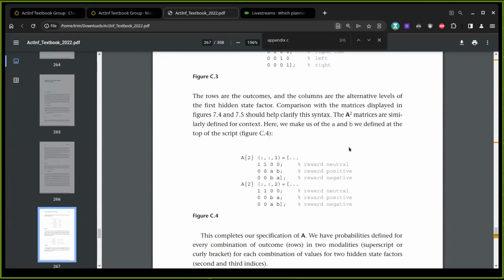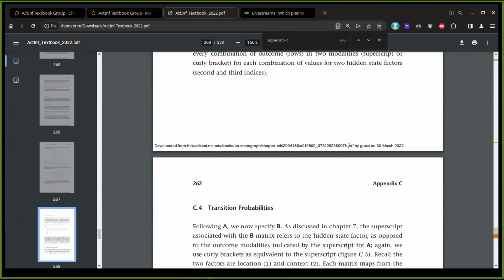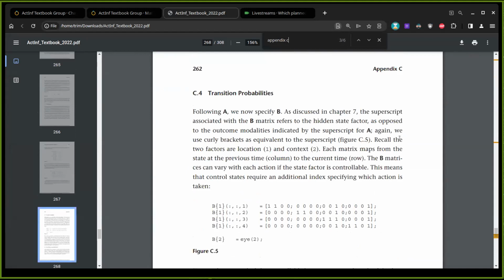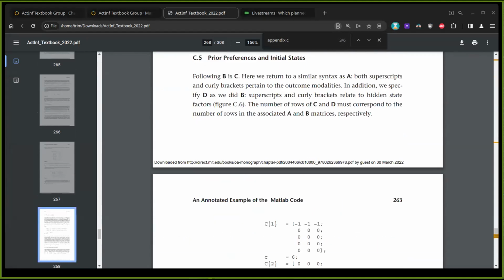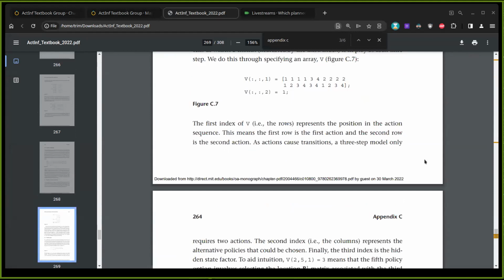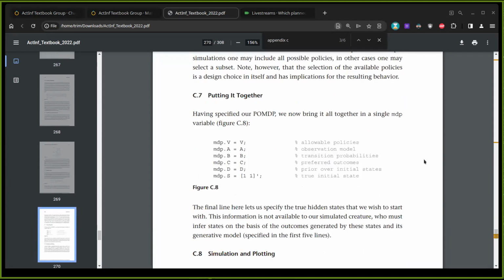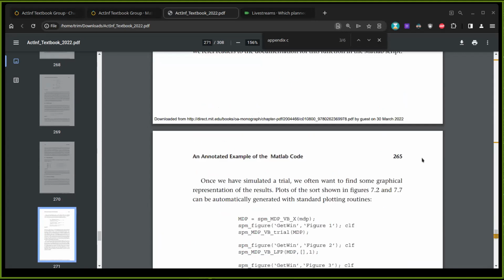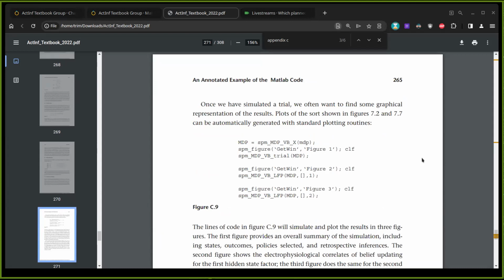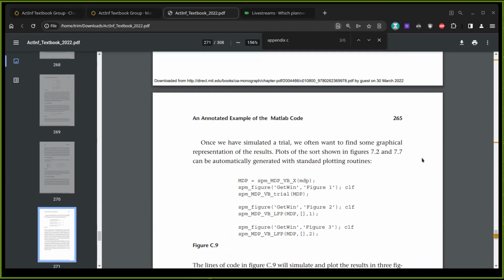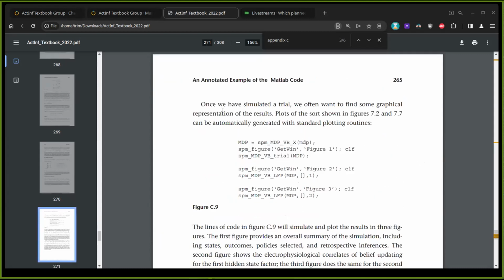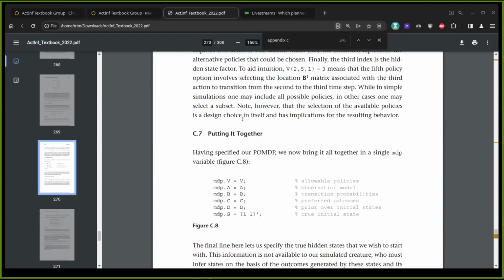And then later on in chapter 7, there's the maze example, and again these are all filling in with the application, but then it's just formatting the data to the point where it can then be given to an SPM12 function, MDP.